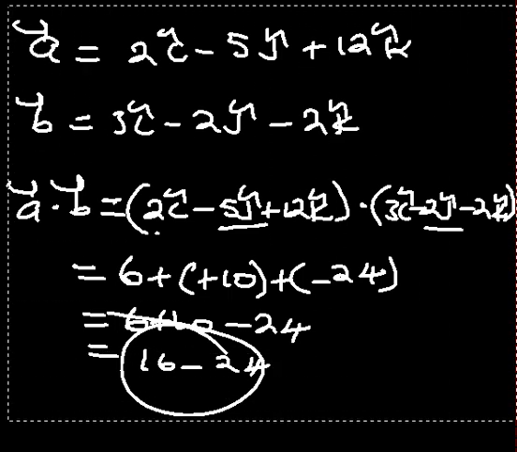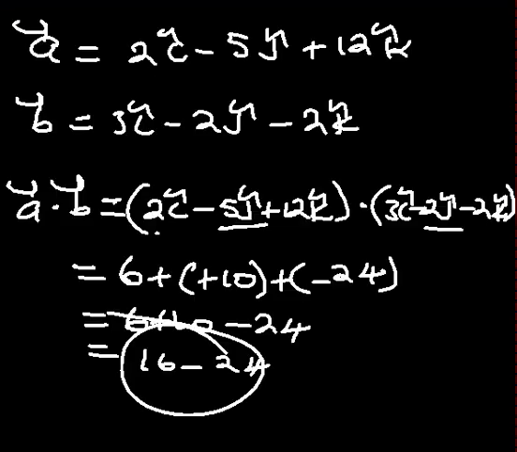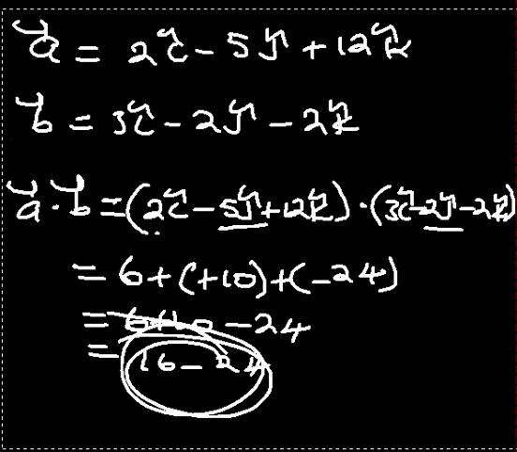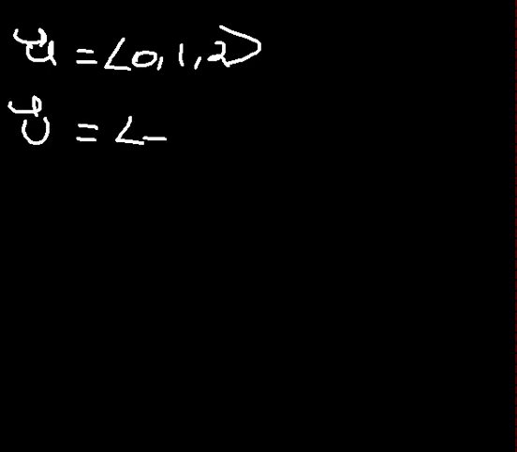What if we have this case? You'll be able to proceed with that on your own time; I've just left it for you. And what if we have this case? Let's say we have a vector U with components 0, 1, 2, and the vector V with components negative 1, 0, 5.